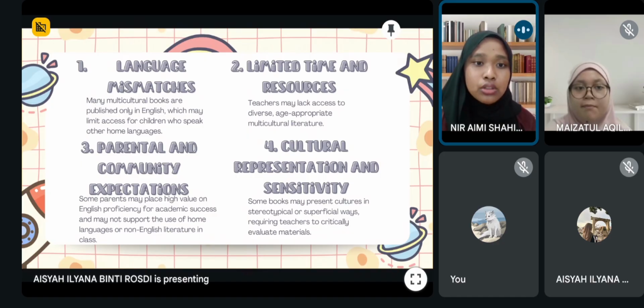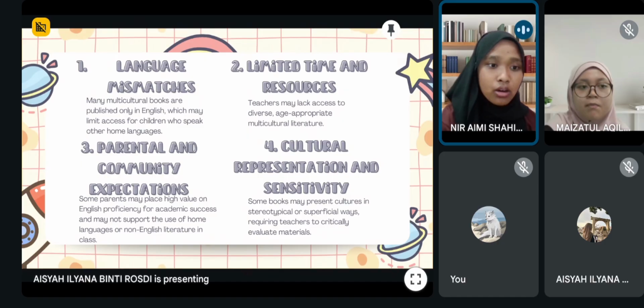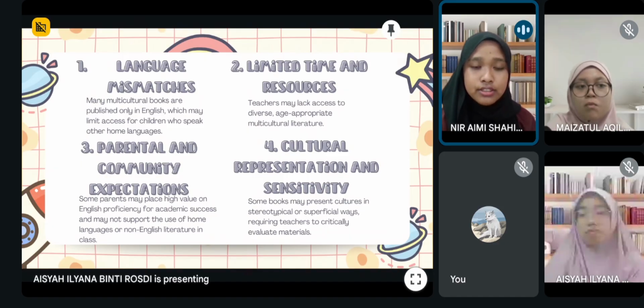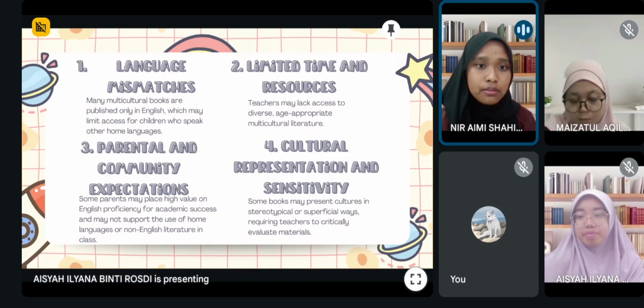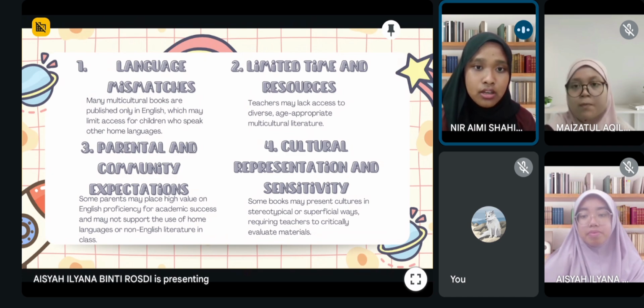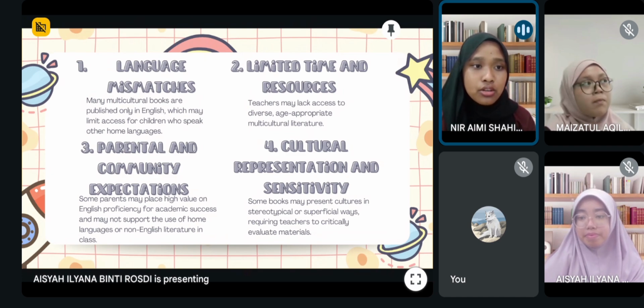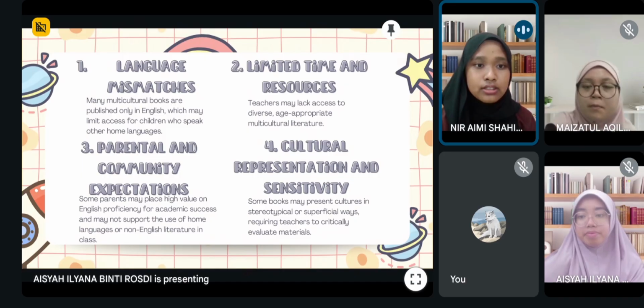Teachers need to critically evaluate material to ensure it is respectful, accurate, and meaningful for the children. Also, if a culture in the story is unfamiliar to the children, teachers need to build background knowledge to help them connect. For example, showing real life photos, artifacts, or short videos related to the story's culture can be helpful.